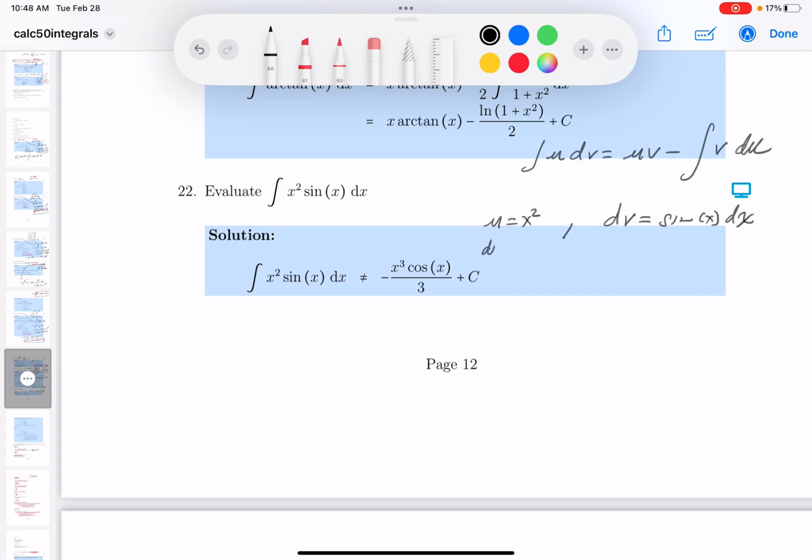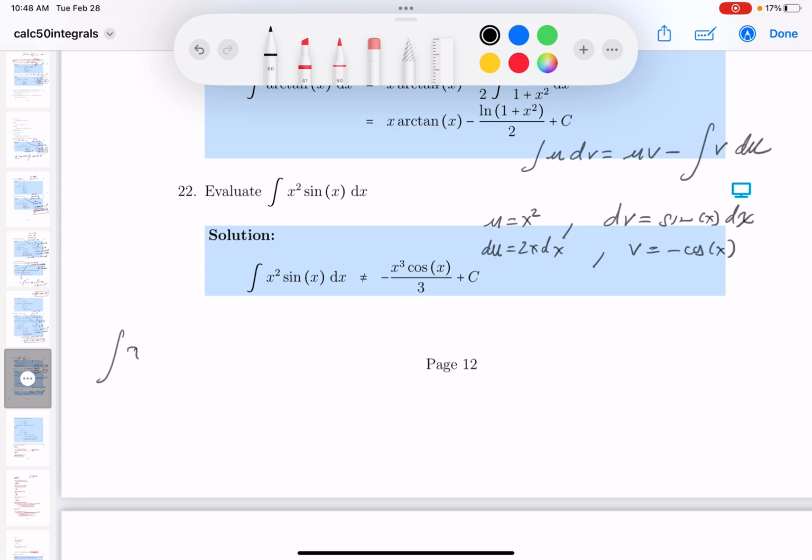So this is pretty easy to do. I'm not going to say it's going to work, but it's easy. du is 2x dx. And over here, the integration is always a little more difficult, but the antiderivative of sine would be minus cosine of x. All right, the constant of integration will be done at the very end. So let's write this down, see if it got any better.